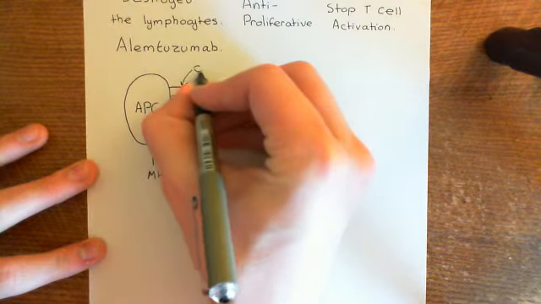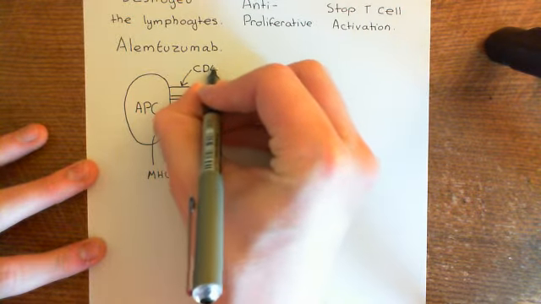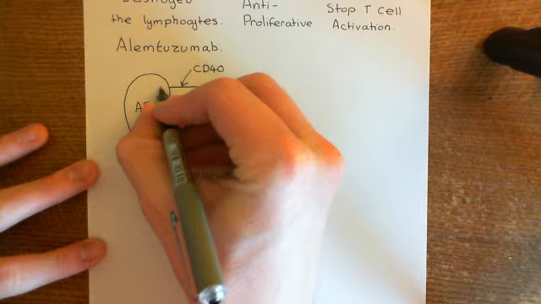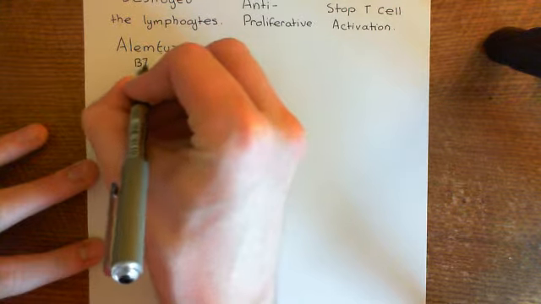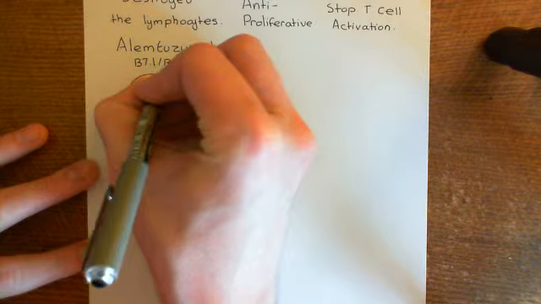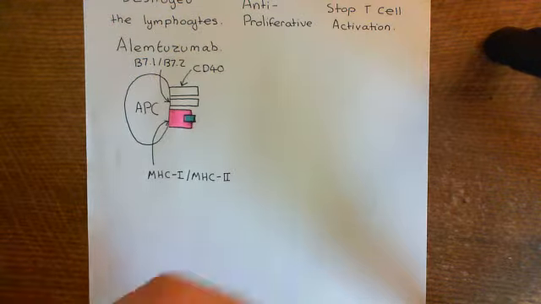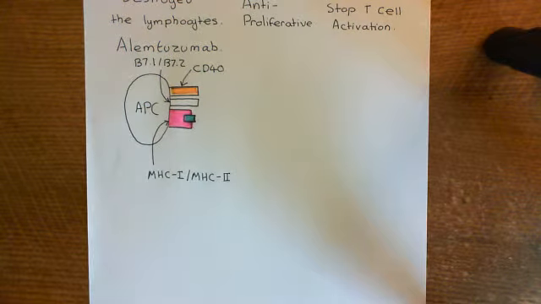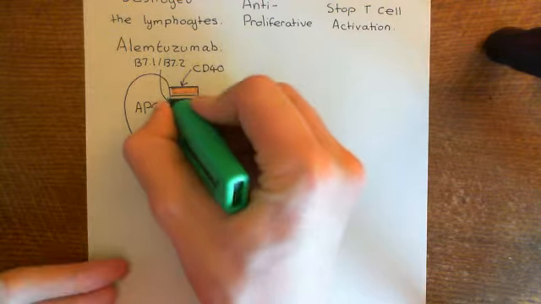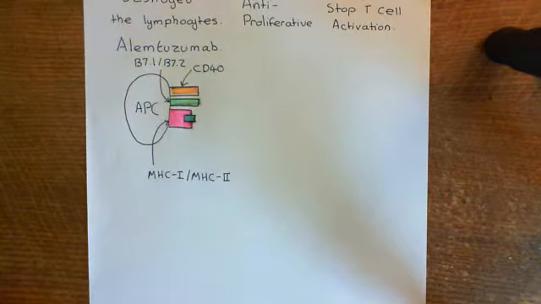Okay, so this one, let's say, is CD40, and let's say this one here is either B7.1 or B7.2. Okay, so let's colour those in. So CD40 we'll have in orange here. Okay, and B7.1 or B7.2 we'll have in green.